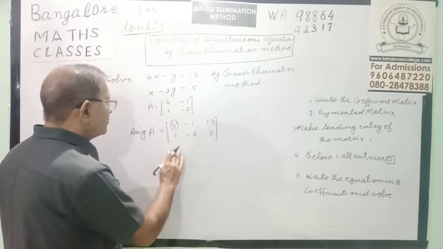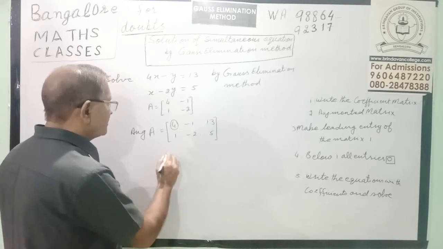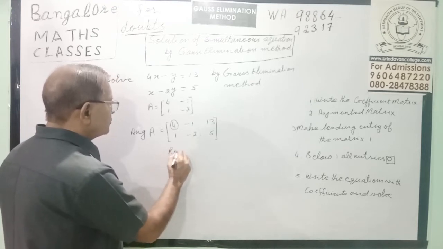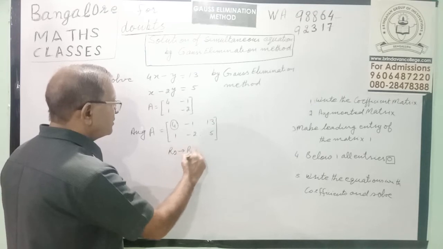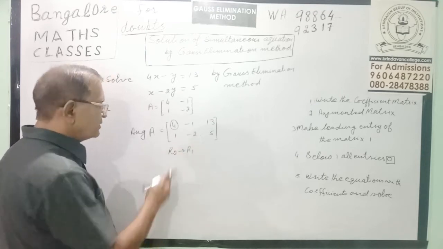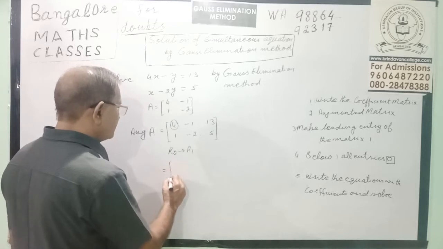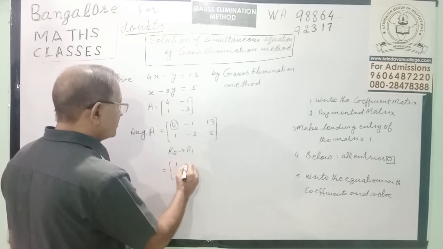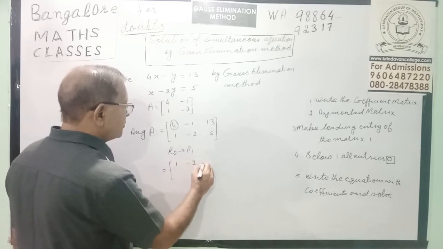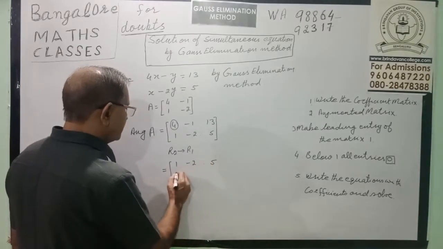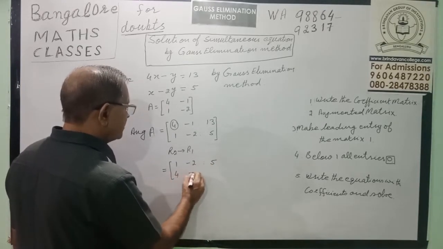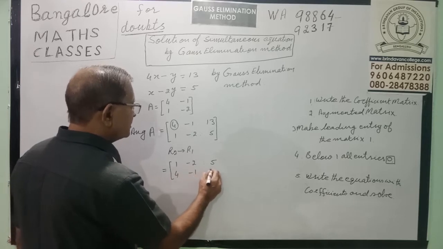What we will do? We will go for R2 to R1. It will come out to be 1, minus 2, 5, 4, minus 1, 13.